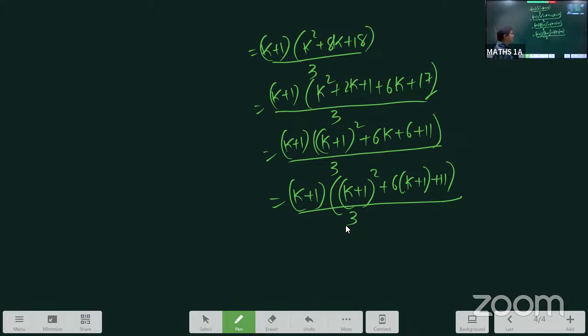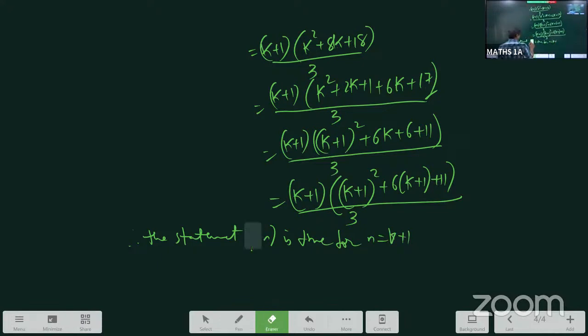That is only mathematical induction, right? Therefore, the statement S of n is true for n equal to k plus 1.